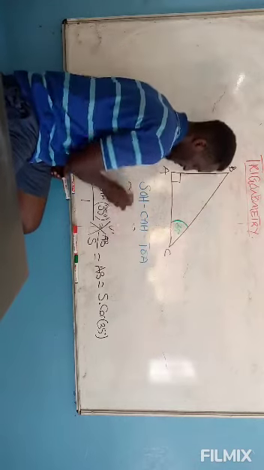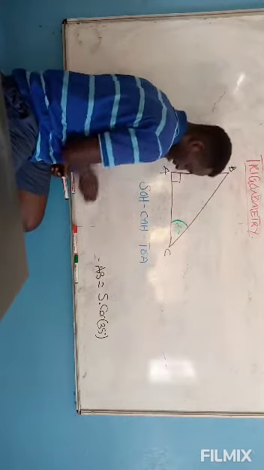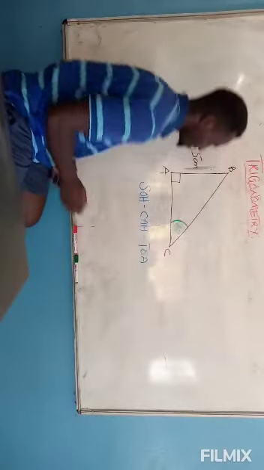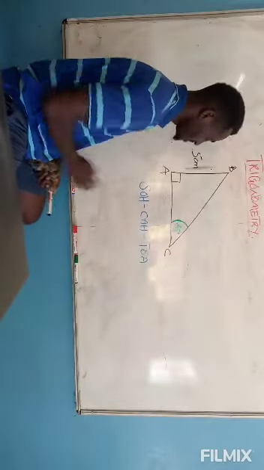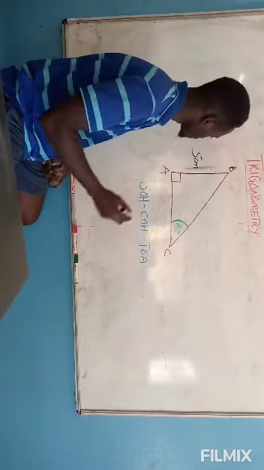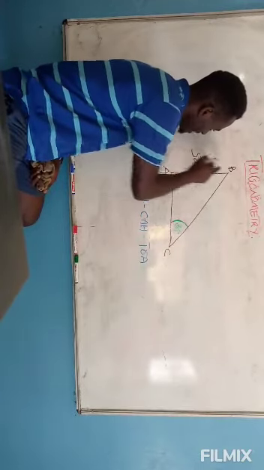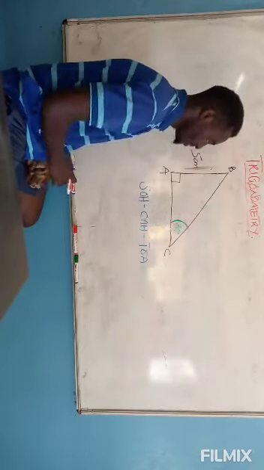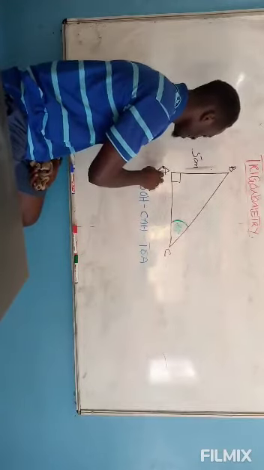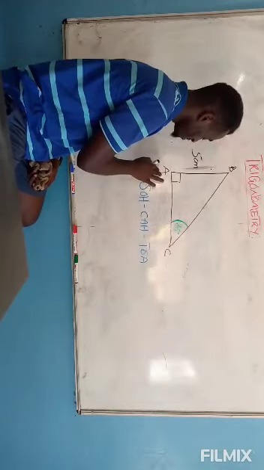So let me just write that. According to this, things have changed. We have been given side AB, the hypotenuse side remains a mystery, and the question is to find side AC.